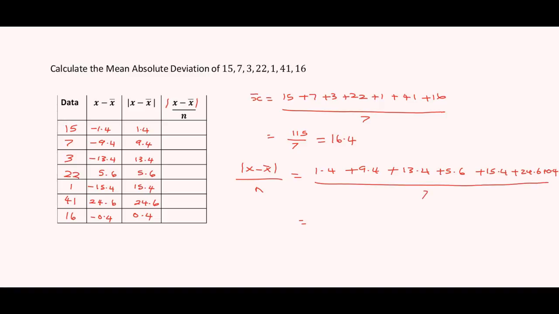This gives us 70.2 divided by 7, which is about 10.03. So for this distribution, this is the average distance between the numbers and the mean of the distribution.